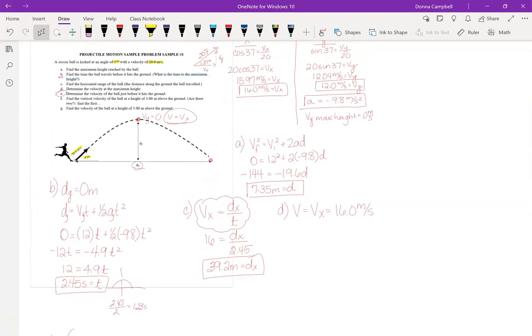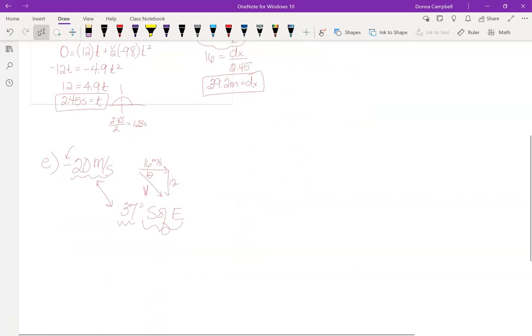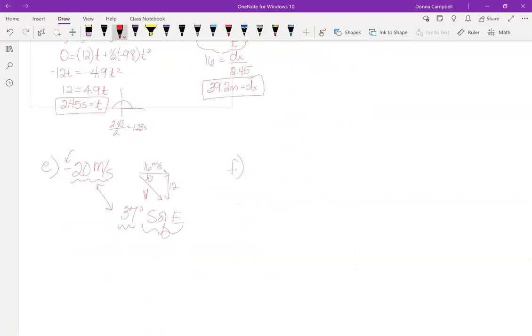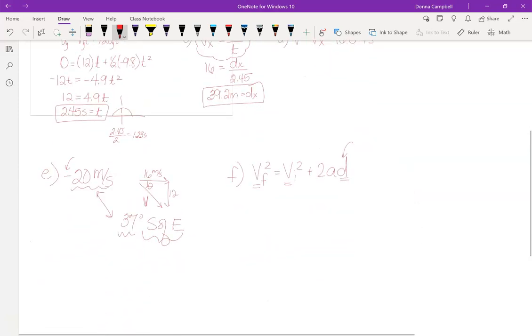Okay, find the vertical velocity of the ball at a height of 3 meters above the ground. So you're looking for a velocity at 3 meters above the ground. Probably looking at this equation, because it's got a height, it's got initial velocity, and it's got a final velocity. So we can put that 3 in here. We're looking for this velocity final squared. This is 12 squared.